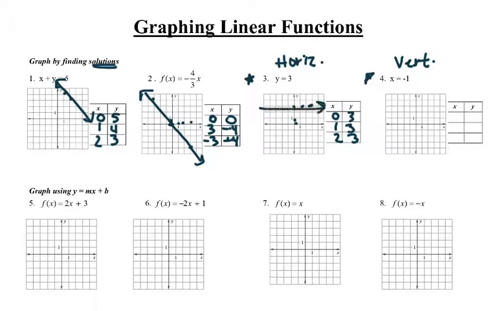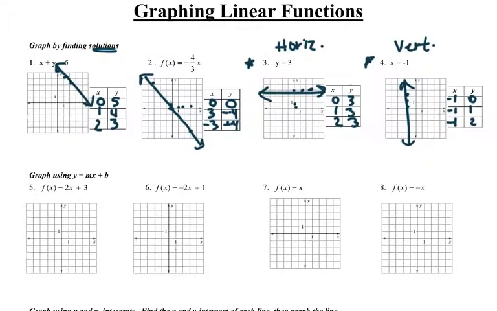I could keep going. Any ordered pair would end in a 3, creating that horizontal line. In number 4, I can only choose negative 1 for x. That's my only choice. I could choose numbers for y, but they're always going to have an x value of negative 1, creating that vertical line.